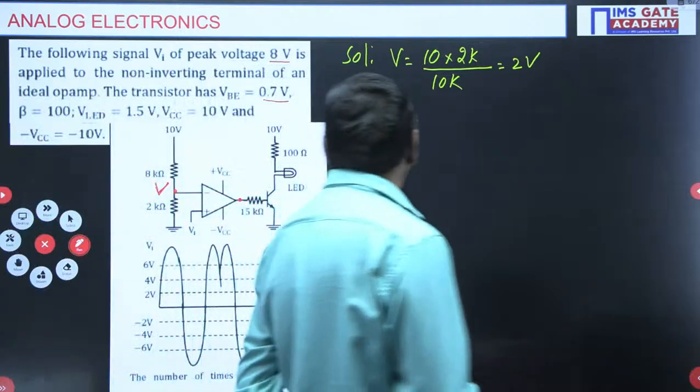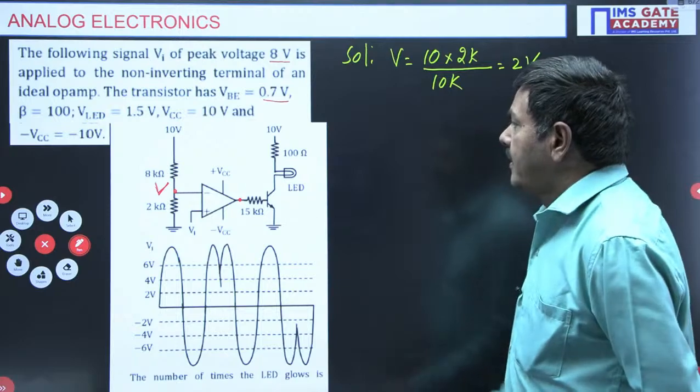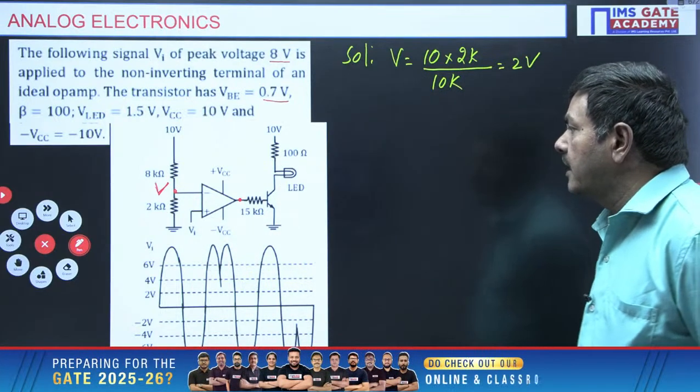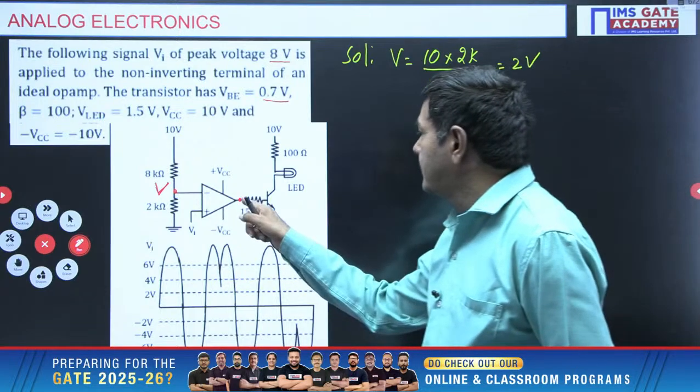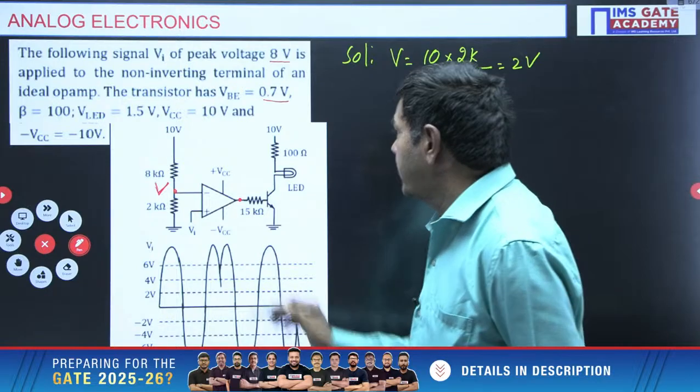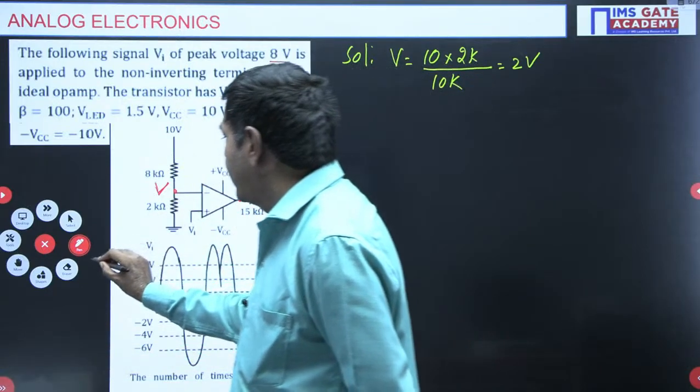After getting 2 V, you can write the condition here. If Vi is greater than 2 V, the output of the op-amp is plus VCC only. Catching my point?